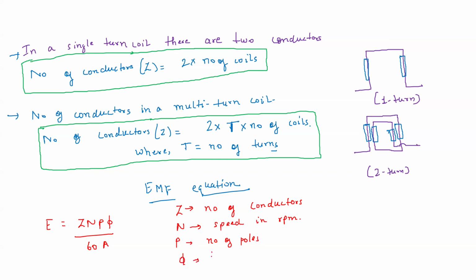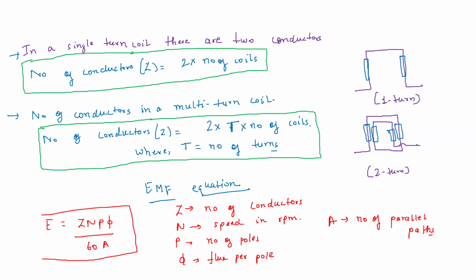Phi is the flux per pole. And A, we know, is the number of parallel paths. Okay. So this is very important. Most of the questions are based on this equation only.